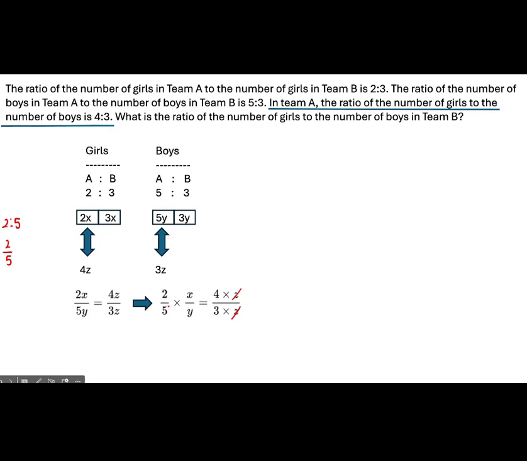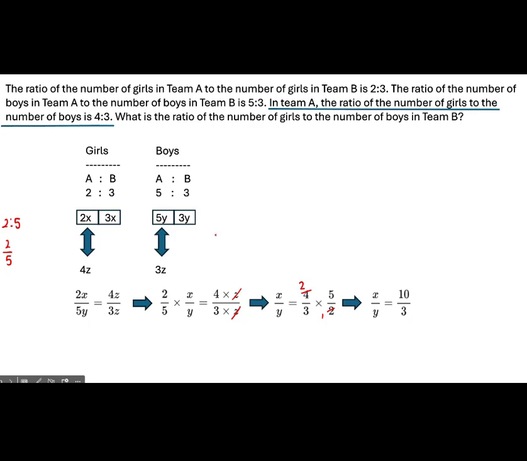And this 3/5, when you bring it over, will become 5/3. So 4 times 5 is 20 and 3 times 3 is 9. So this would become x over y is equal to 20/9. So the ratio of x to y is 20:9.